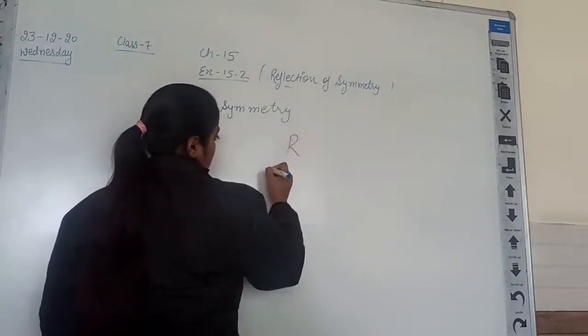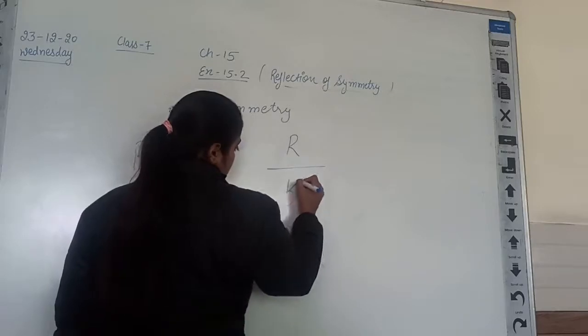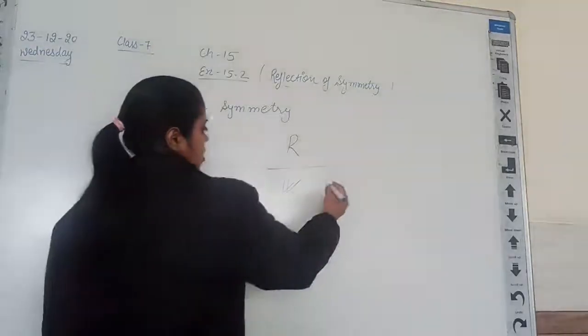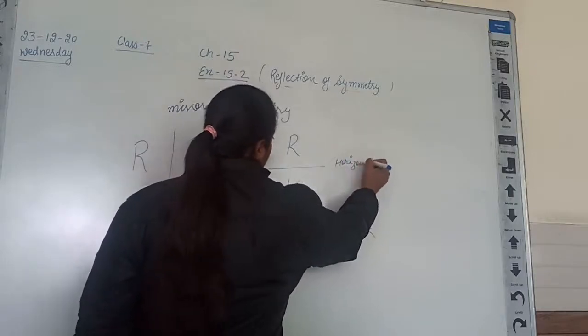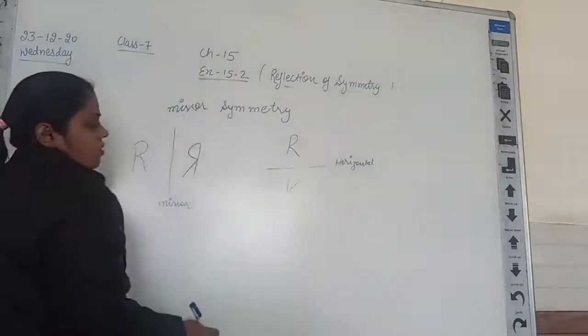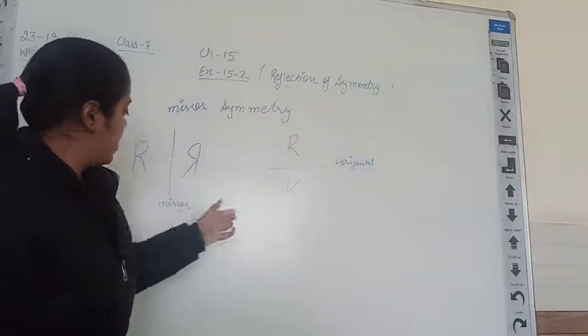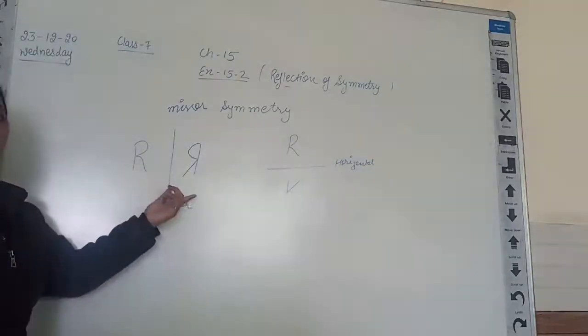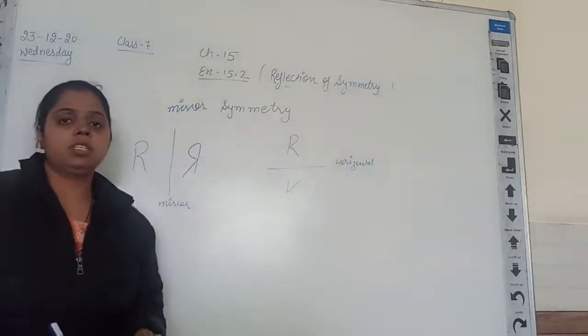I will write this R like this and in the horizontal way the reflection of alphabet R will be like this, and in the vertical mirror it shows like this. Clear? So this is about the reflection of symmetry.